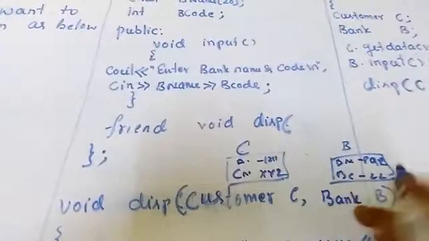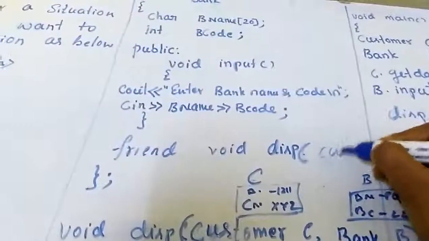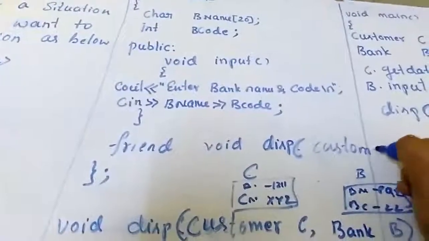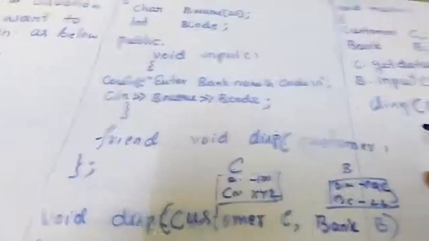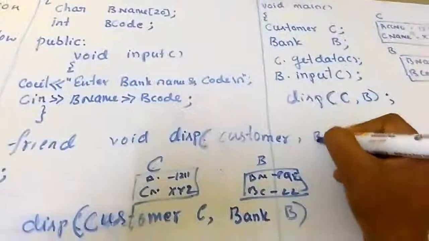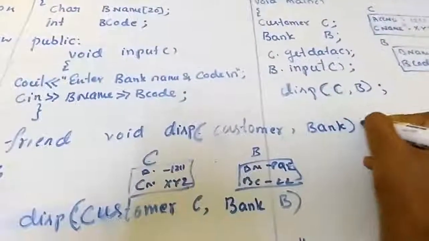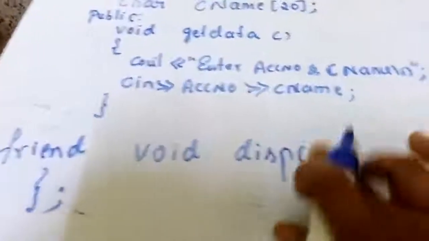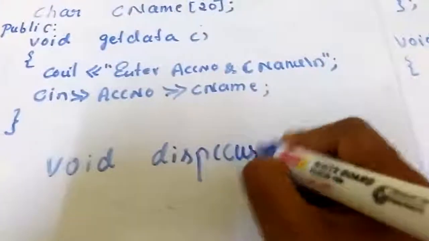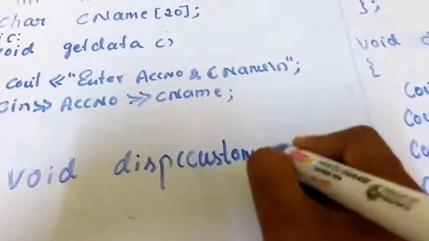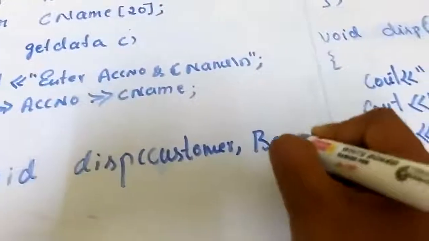Customer type and bank type. So you have to mention the data type customer. Customer is a class name, no? A class name is nothing but a user defined data type. Customer, comma, bank, semicolon. Here also you need to mention customer, comma, bank.